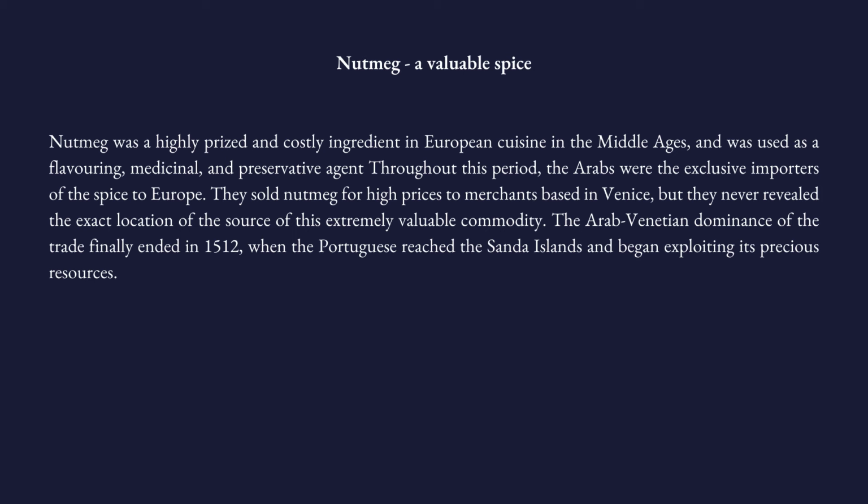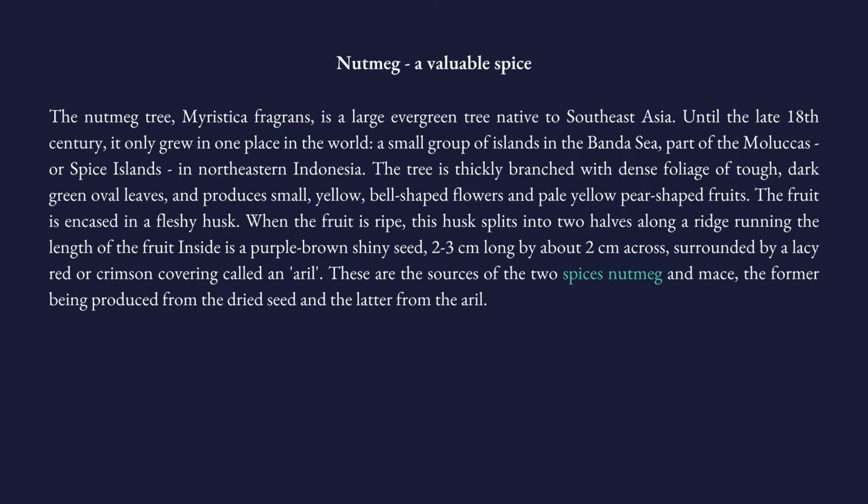Let's go to the passage. So at the end of paragraph 1, we have spice nutmeg and we have produce. So these are basically our keywords. So the sentence is this. These are the sources of the 2 spices nutmeg and mace, the former being produced from the dried seed and the latter from the aril. What is aril? We don't care. Put an X instead of it.